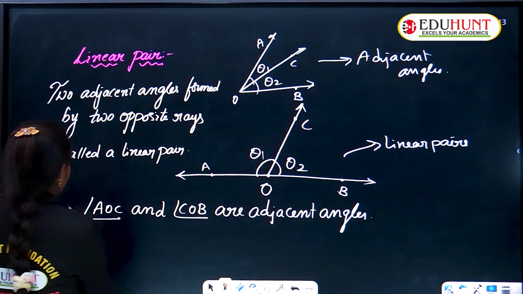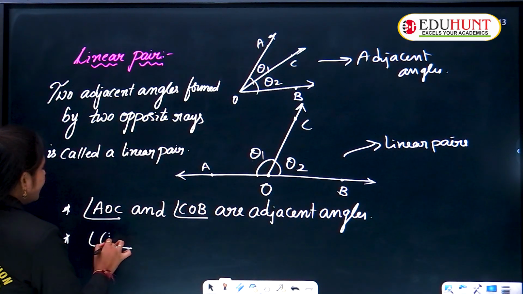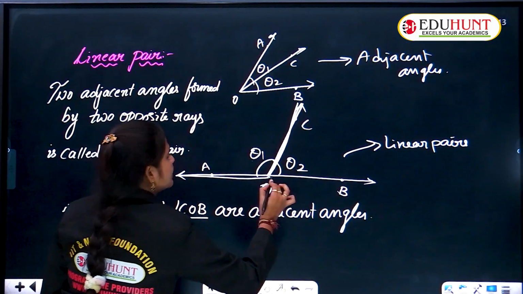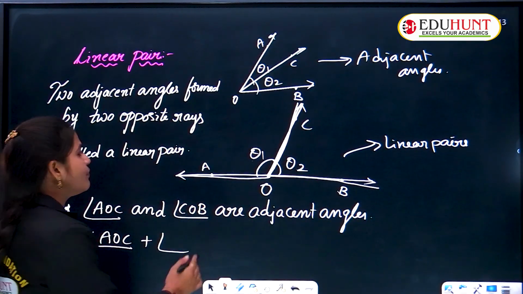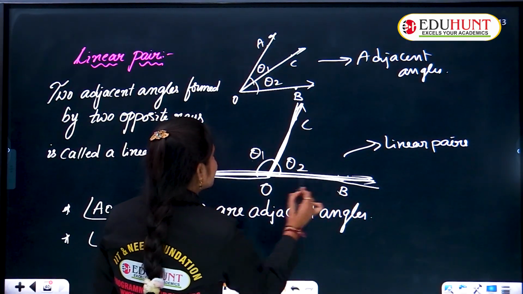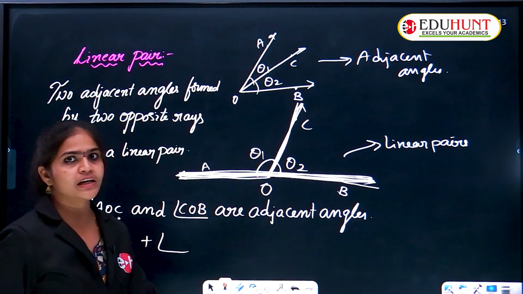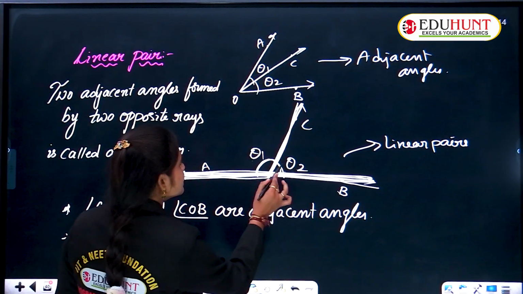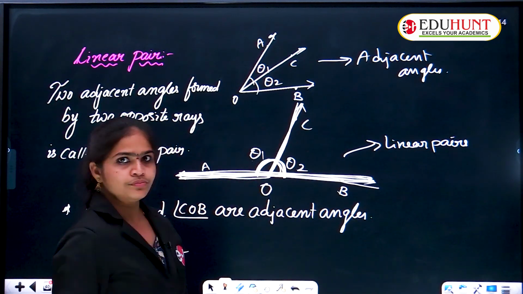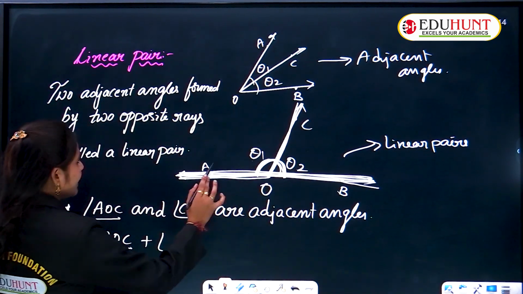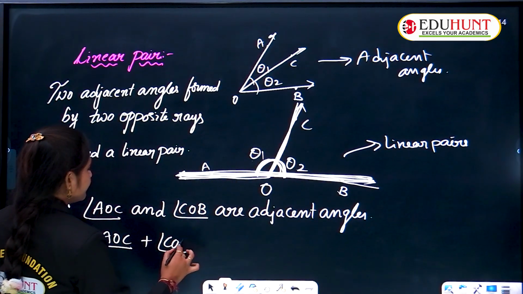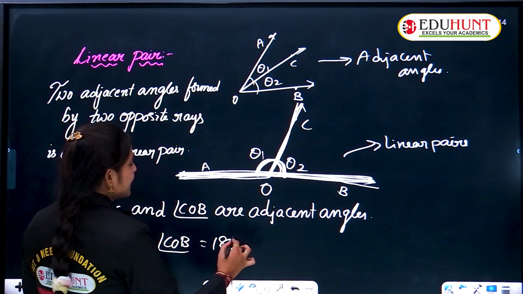And angle AOC plus angle COB also form one straight line, no? On that straight line, how many angles can we observe? Two angles. By adding these two angles we get a straight angle.